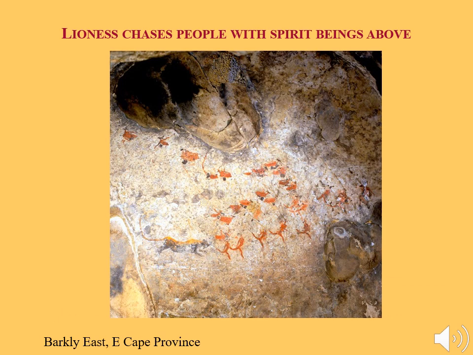There is also symbolism in the hunter-gatherer rock art around lions and lionesses, and we look at this painting that is from the Eastern Cape. We can see the lioness here at the left chasing a whole lot of running figures, and above them are yet more figures.